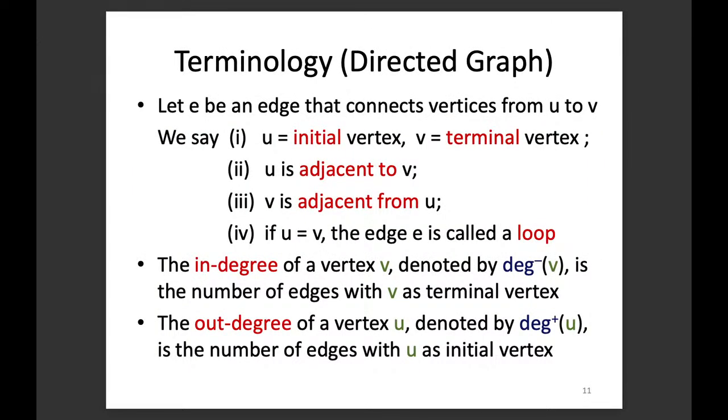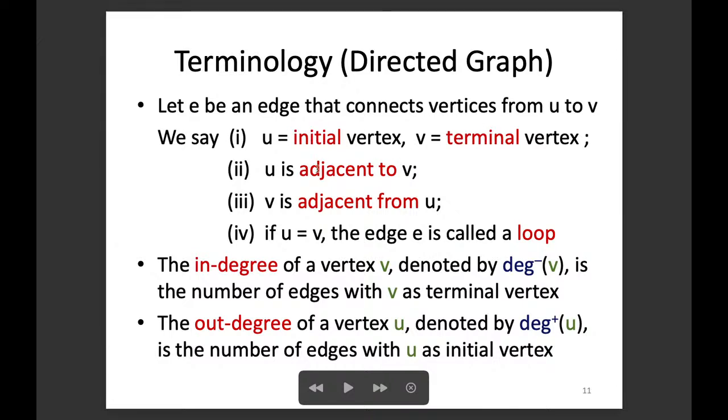So we can borrow the same concepts from the undirected graph to the directed case. Let's say E is an edge, and this time it connects vertices from U to V. So there is a direction. This arrow is pointing from U to V. Then U is called the initial vertex, and V is called the terminal vertex.